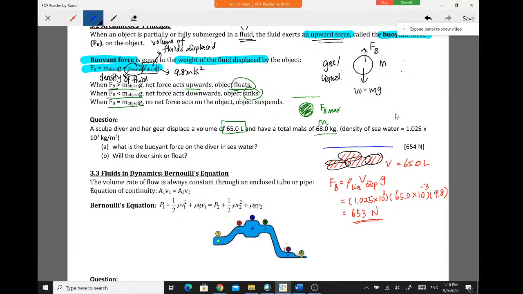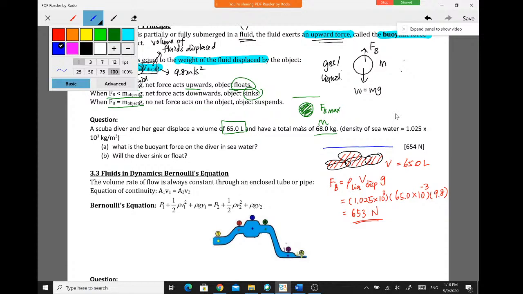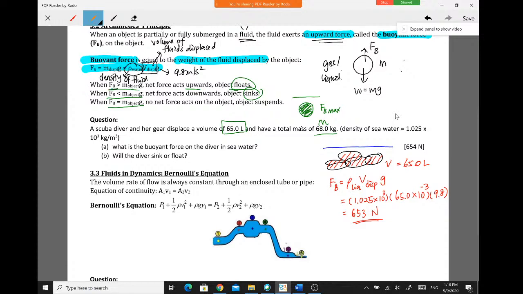Okay, so let's draw the free body diagram. There will be an upward force equal to the buoyant force, and also a downward force equivalent to the weight of the diver. Now will the diver sink or float?